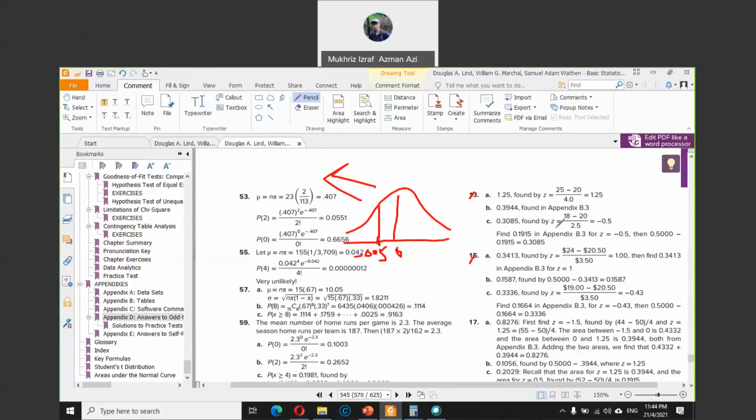As I said, whenever you want to solve the question, first refer to the equality sign. You want to calculate less than, so less than is anything to the left. So to the left of 0.5 will be this area. To the left of negative 0.5 is similar to calculating to the right of positive 0.5.